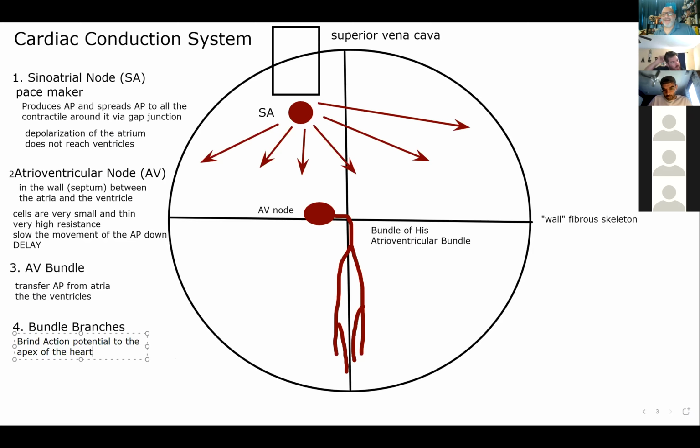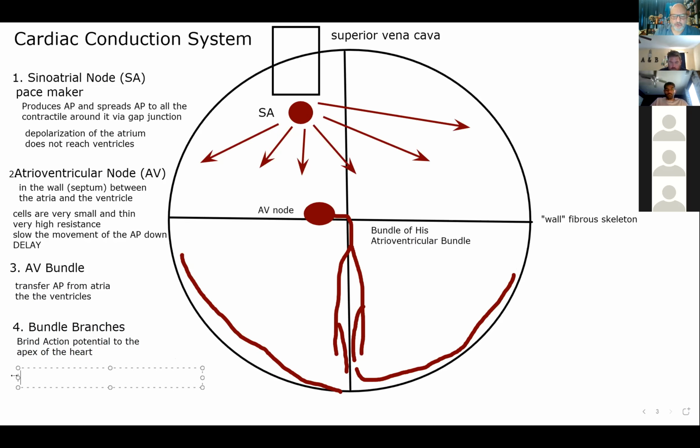Once it reaches the apex of the heart, then there are additional branches that take it up the walls of the ventricles. And those additional branches that take it up the wall of the ventricles are known as the Purkinje fibers.